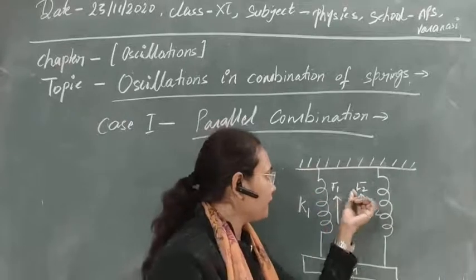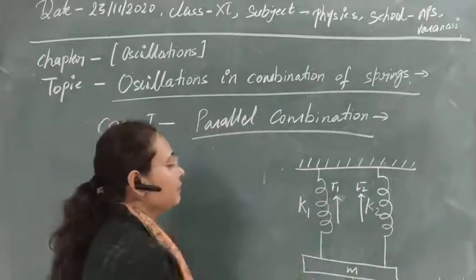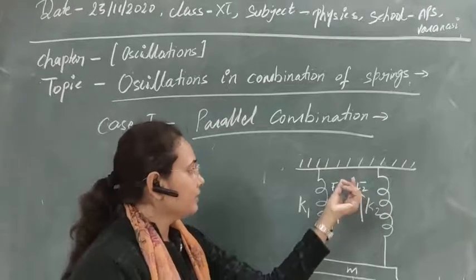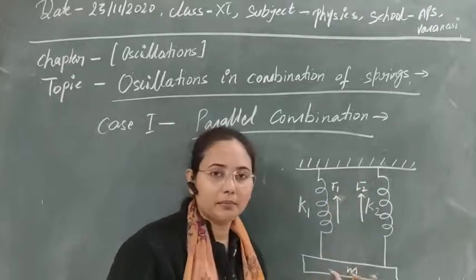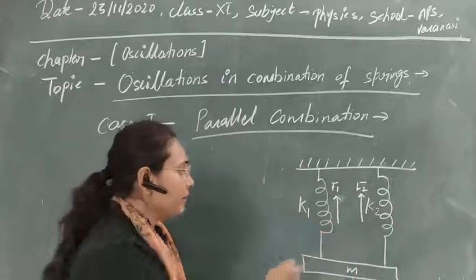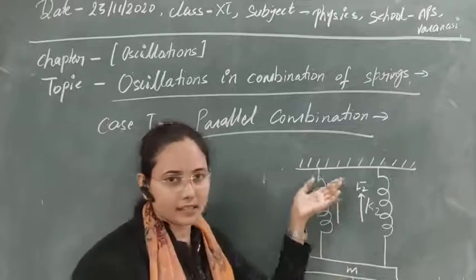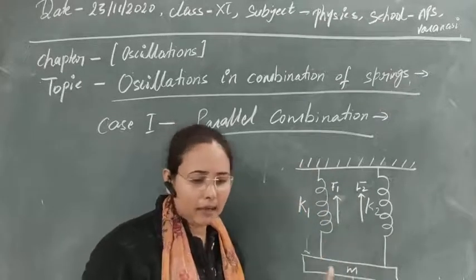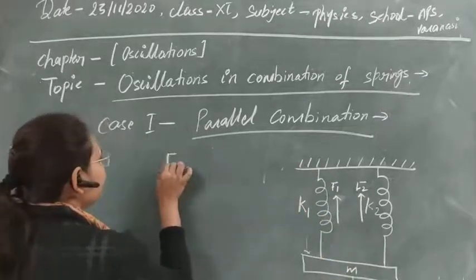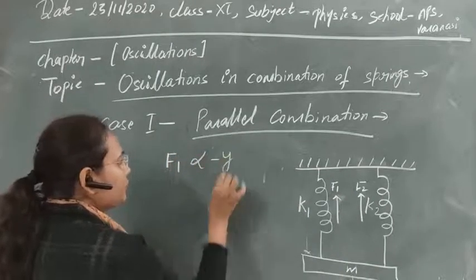Suppose here F1 and F2 are the restoring forces, and Y is the extension produced in the system. By definition, as you know, the restoring force is directly proportional to the displacement, and as the displacement is in the downward direction and the force is acting in the upward direction, we take a minus sign. So we can simply say that F1 is directly proportional to minus Y. Clear?